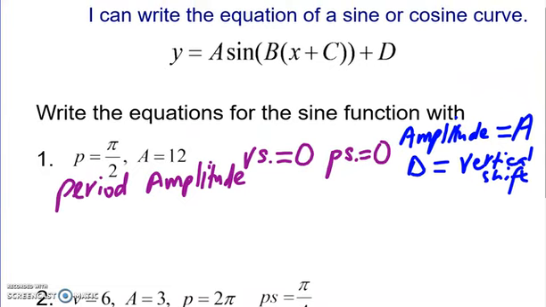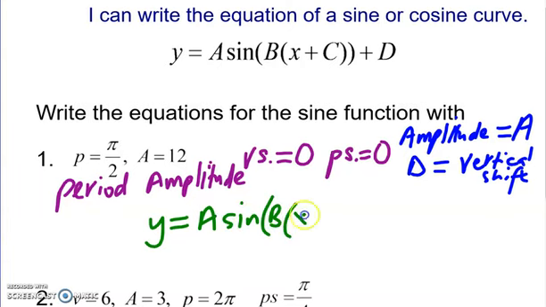Okay, so let's actually put this function down here. So y is equal to a sine of b x plus c. What I'm going to do is, as soon as I get some value, I'm going to erase it and then write down what it is.